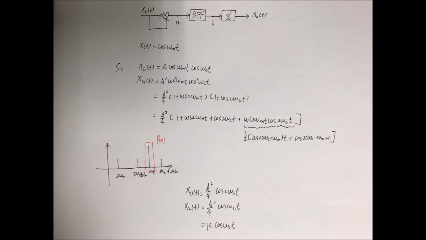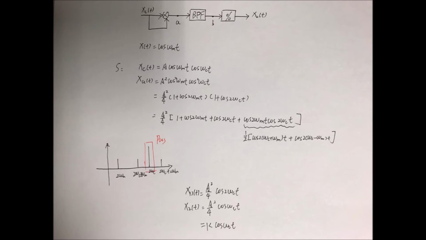So only my target frequency passes my filter. The only tricky part may be this one. Now going through the filter, I get A squared over 4 cosine 2 omega c t.